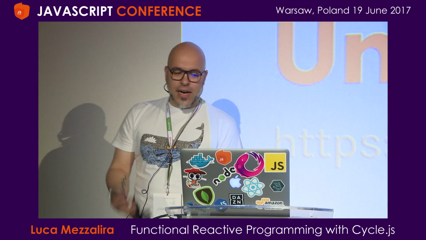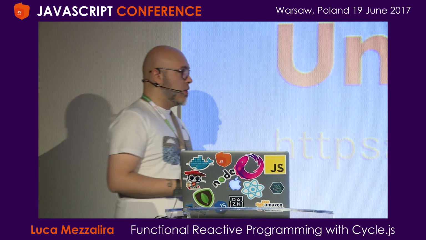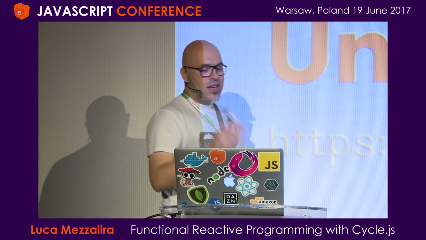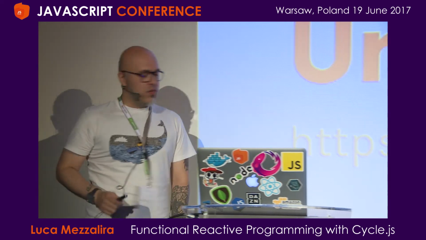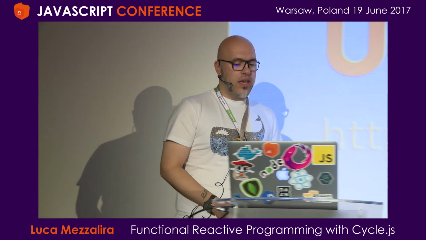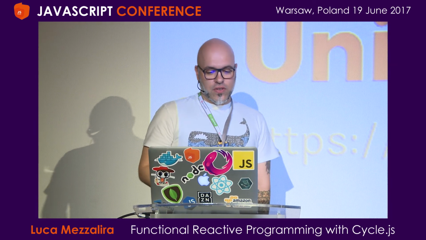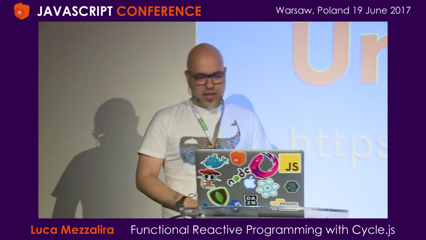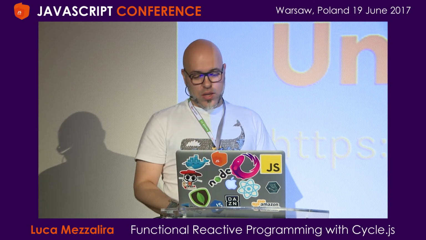Most importantly, if you have 45 minutes of your time, I would suggest investing them in watching this video. It's about unidirectional data flow, made by the creator of Cycle.js, and it's very interesting. It goes through a set of architectures and explains the benefit of working with a unidirectional data flow.